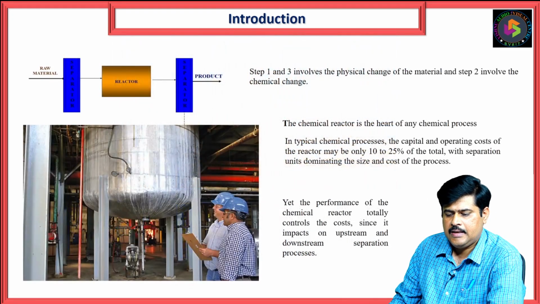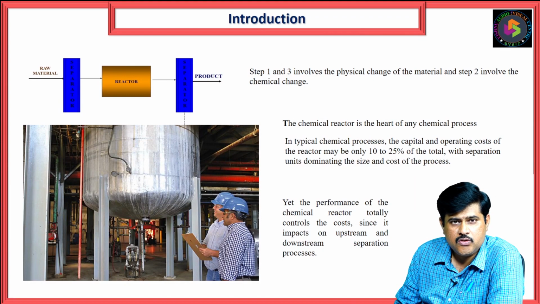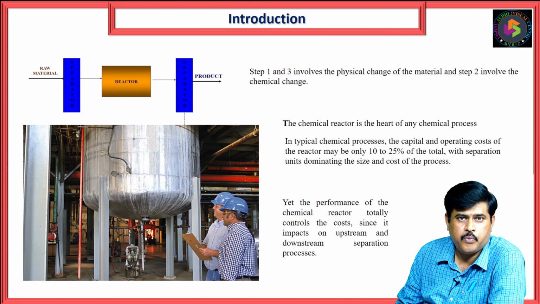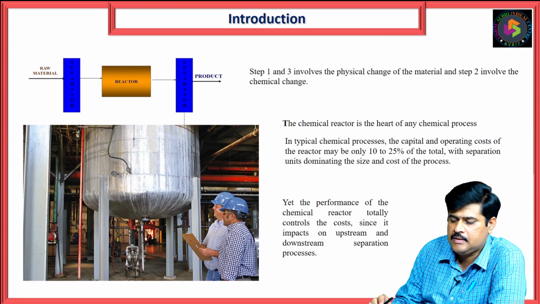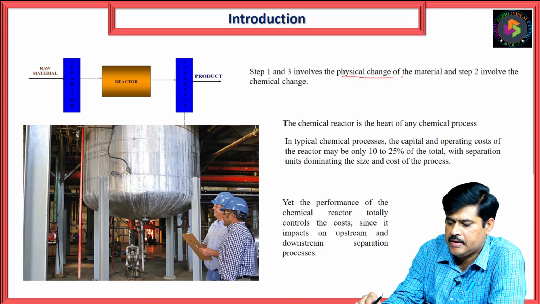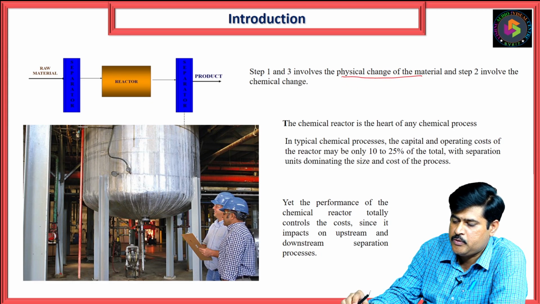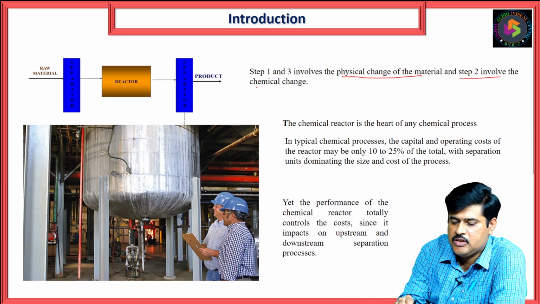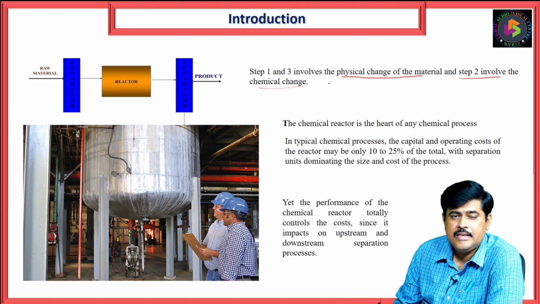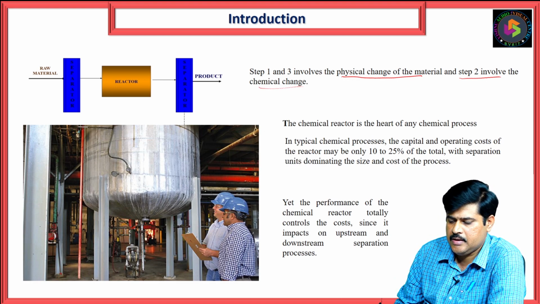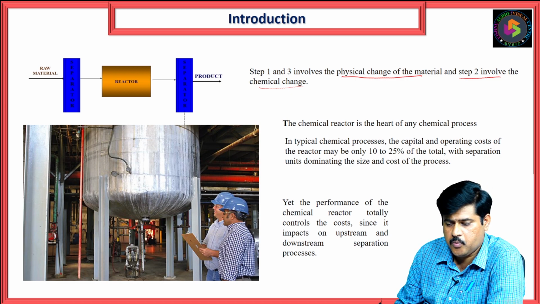The first and third steps, that is purification of raw materials and purification of products, mainly involves the physical change of the material. Whereas step 2 involves chemical change. The chemical reactor is the heart of any chemical process industry or any chemical process.